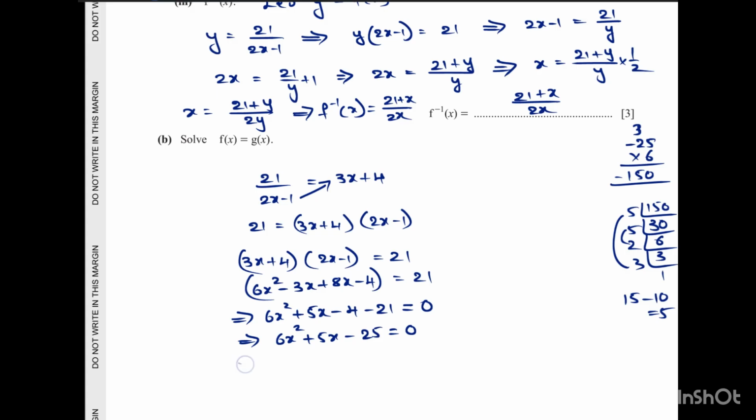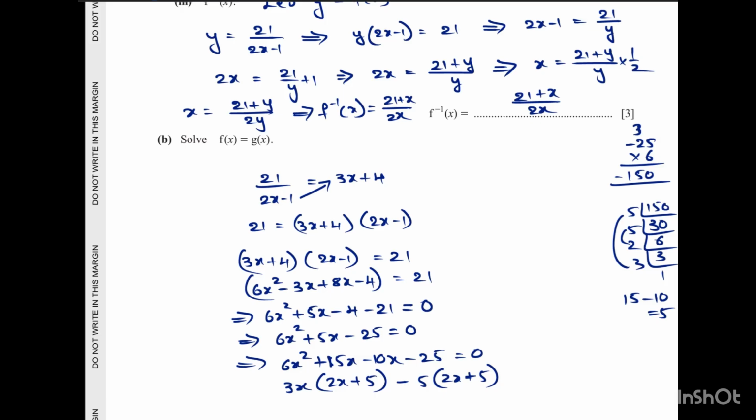Okay, now splitting the middle term, you can do 6x square plus 15x minus 10x minus 25 is equal to 0. So first two terms we can take 3x as common factor. 3x, you'll get 2x plus 5, minus, again if I take 5 common here, I get 2x plus 5, because minus into plus is minus here.